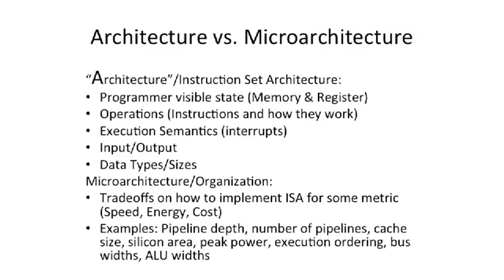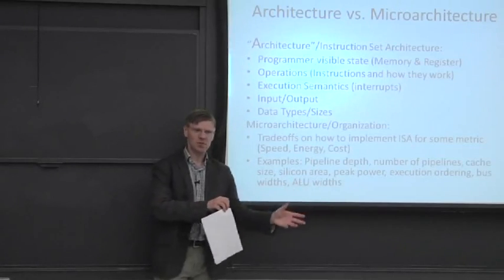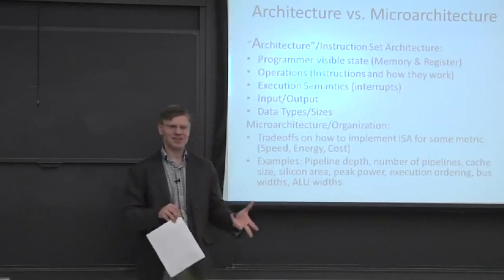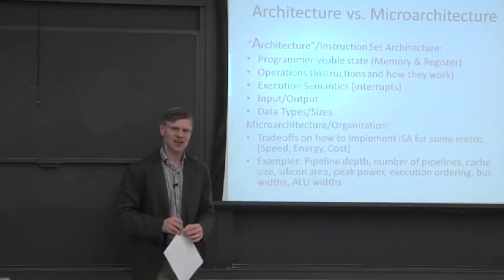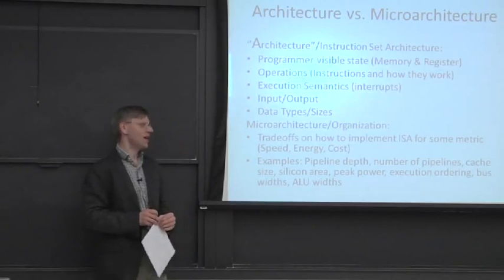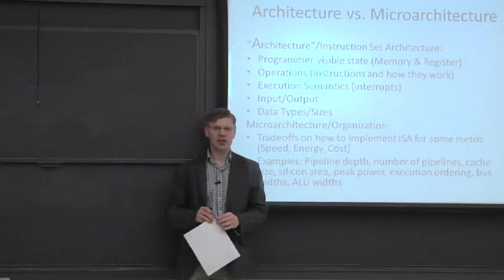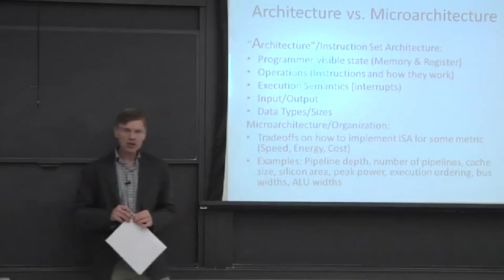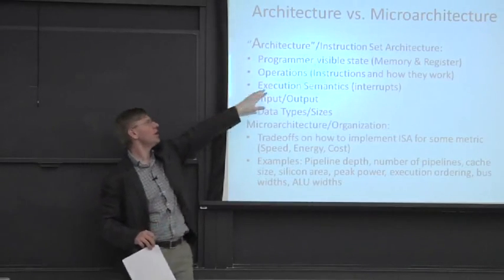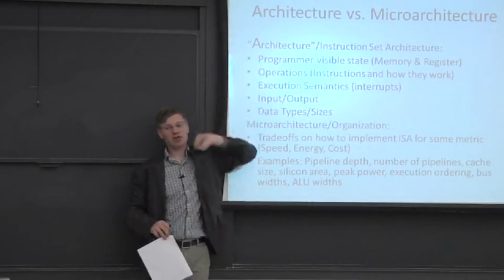There's the AMD versions of the chips, and then there's the Intel versions of the chips, and even inside of the Intel versions, they have their high-performance version for a server or a high-end laptop, which looks one way. And then there's another chip for tablets. Intel's trying to make chips for tablets these days, and they have their Atom processors. And internally, they look very different, because they have very different speed, energy, cost trade-offs. But they will all execute the same code, and they all implement the same instruction set architecture.